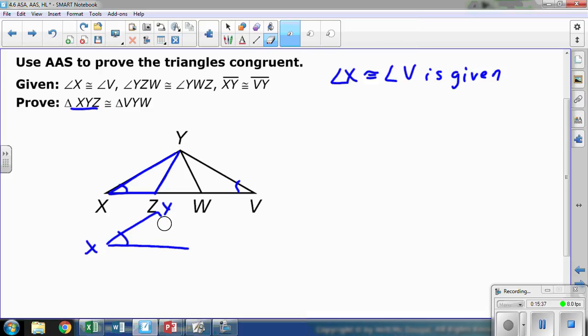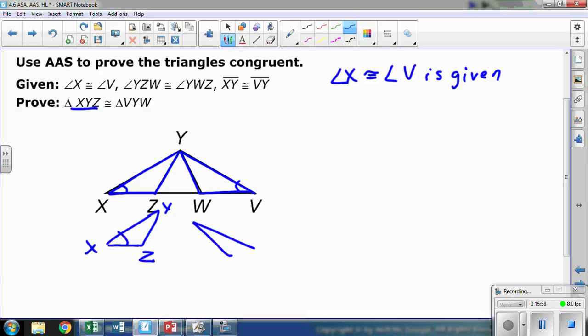Okay, so there, and this, there we go. There's X, Y, Z. And then we're looking at VYW, V to Y, W. And just to help kind of simplify the picture a little bit, V, Y, W, we've got those. Not a perfect picture, but they don't need to be. We're just putting it down to try to help us visualize a little bit better.